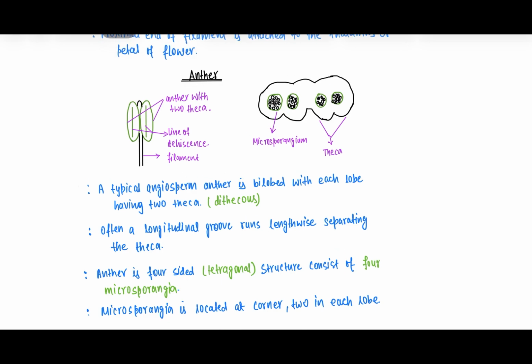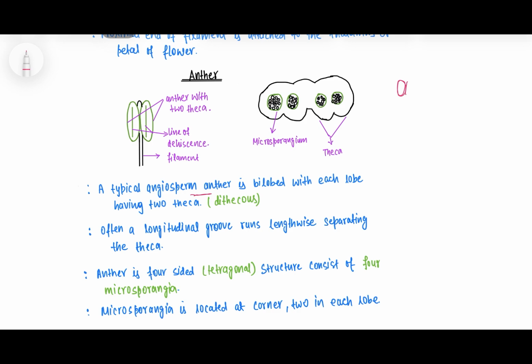So this is a diagram of anther. I'll explain this part now. A typical angiosperm anther is bilobed.